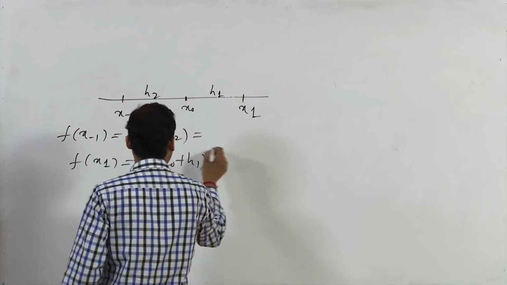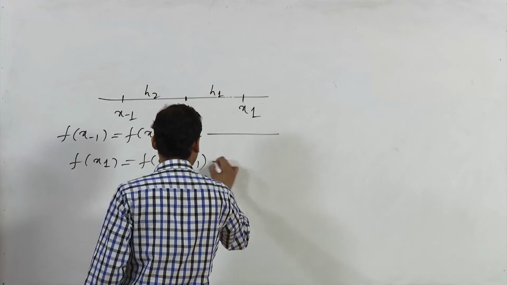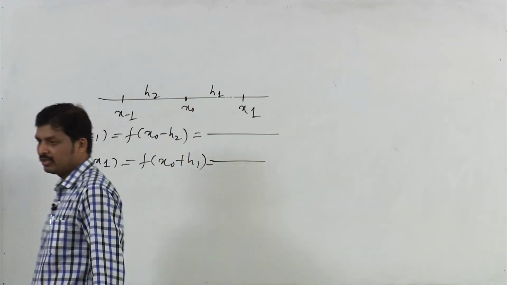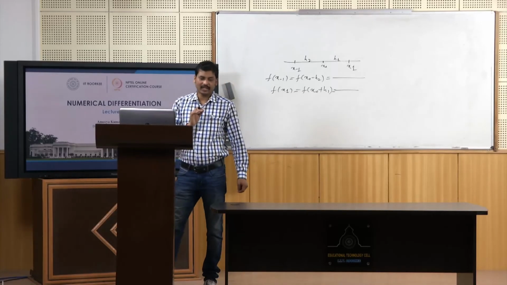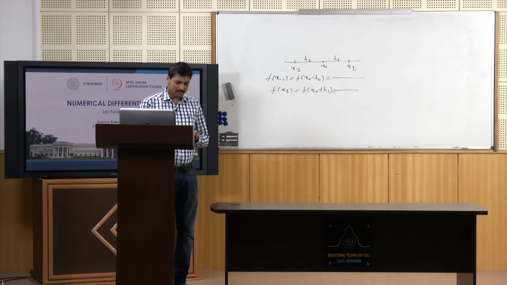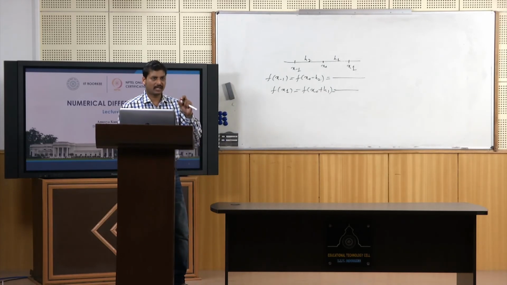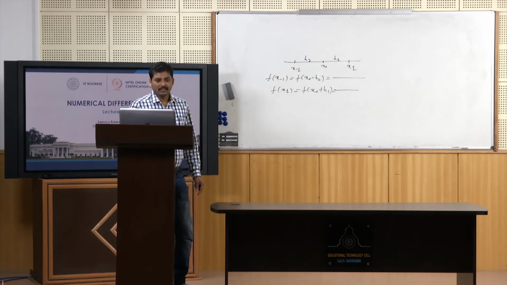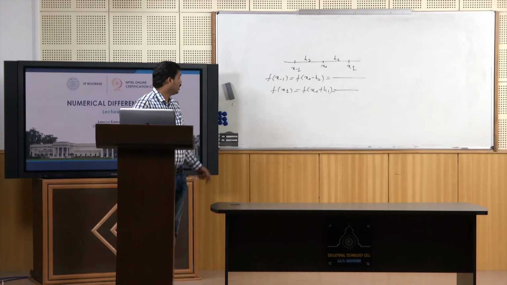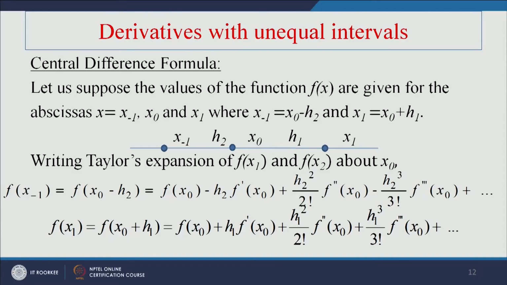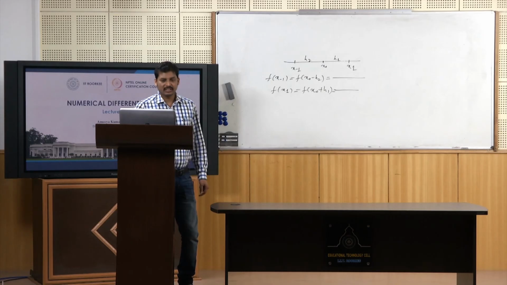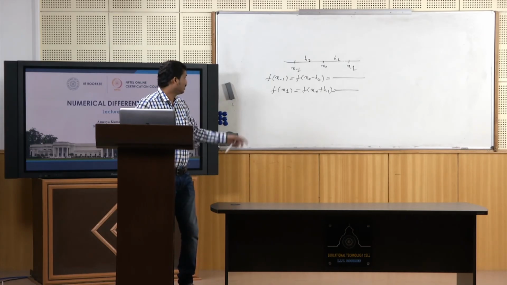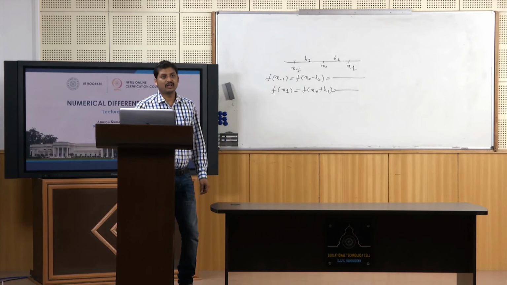If you expand in Taylor series at both these points, at x equals x0, we can obtain the Taylor series expansion for f of x of minus 1 and f of x1. To obtain the first derivative, if you eliminate f double dash of x0 from both these equations, then we can obtain the first order derivative of f at x0.